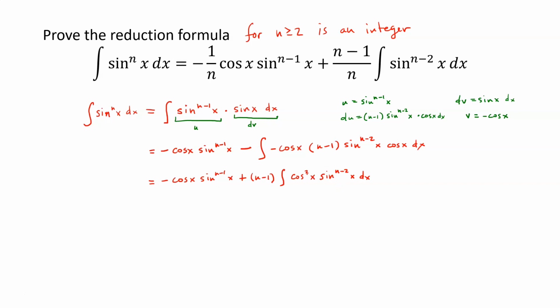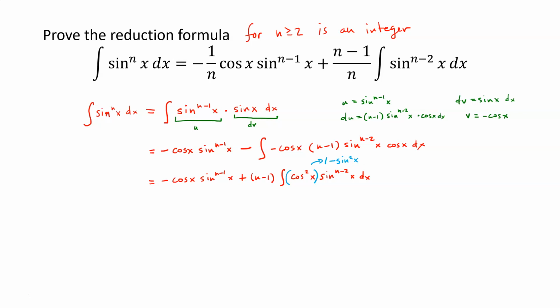Now in the next step, what I want to do is try and manipulate this integral a little bit. Okay, and we'll see this is going to be a useful trick in some cases: if I've got sine with cosine squared in it, I can try and rewrite cosine squared as 1 minus sine squared. Remember, this is just a fundamental identity, right?